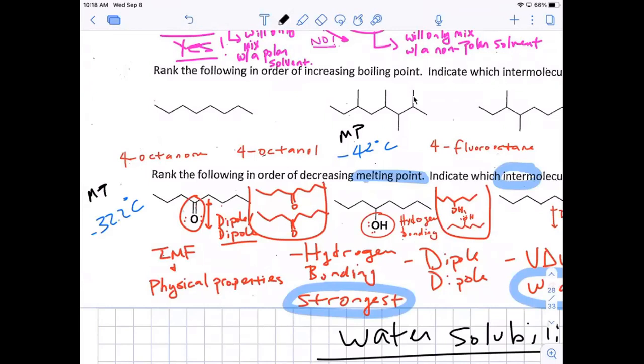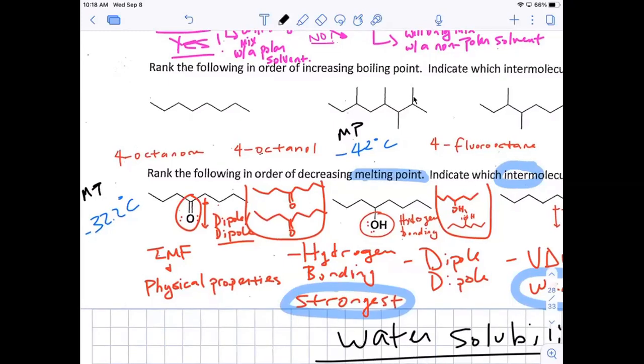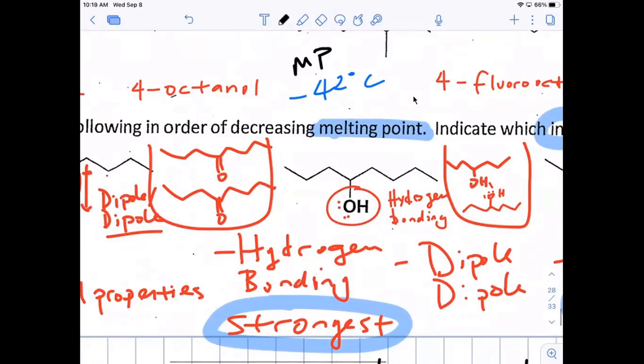So anybody got it yet? What was the boiling point? I think maybe 174 to 176 degrees Celsius. Okay, so we're gonna say 176 degrees Celsius.